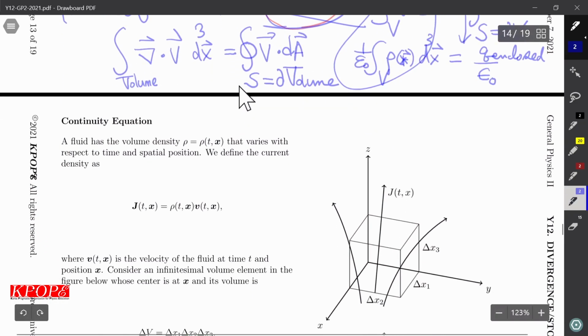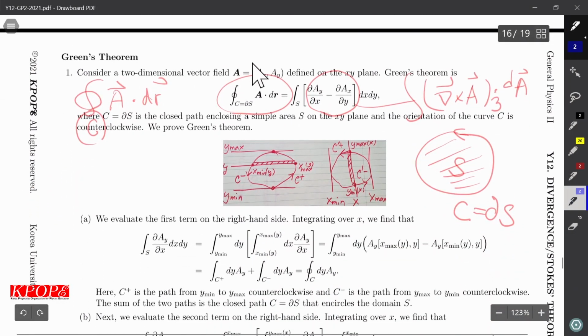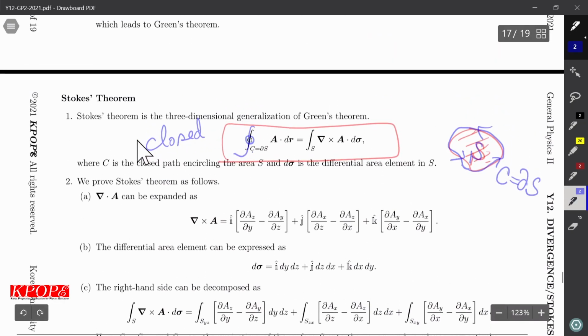Another important theorem is Stokes' theorem. Stokes' theorem is the generalization of the 2-dimensional version that is called Green's theorem. Stokes' theorem is for the curl's surface integral. The curl's surface integral over a surface is always expressed as a path integral over a closed path.